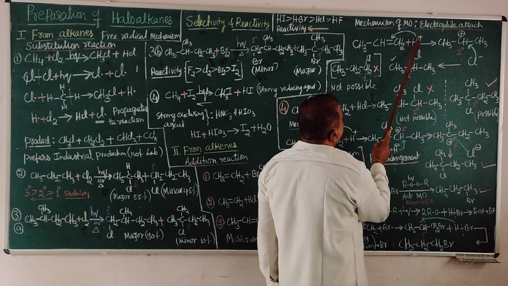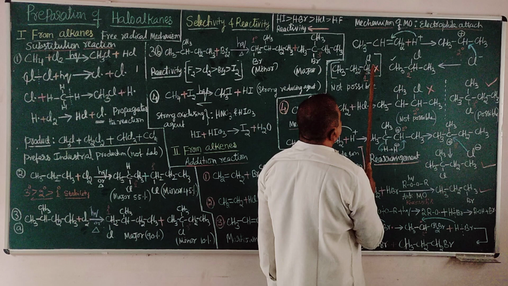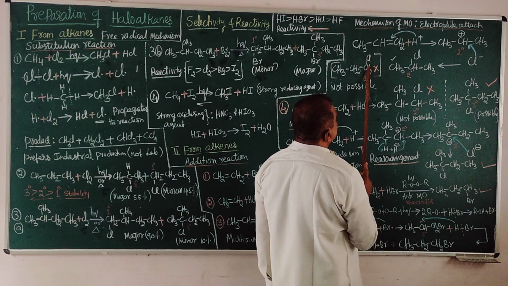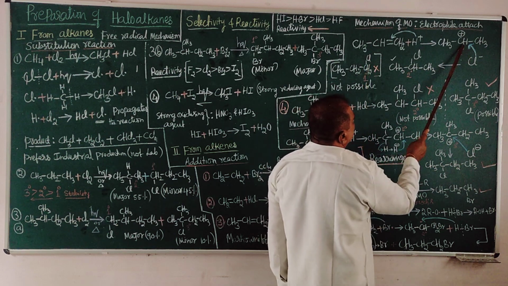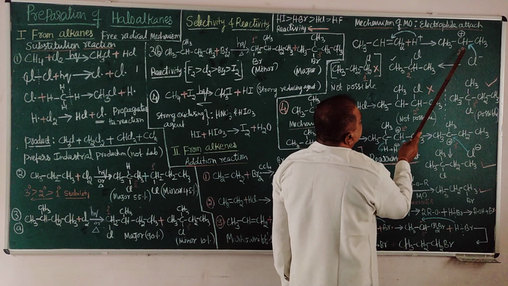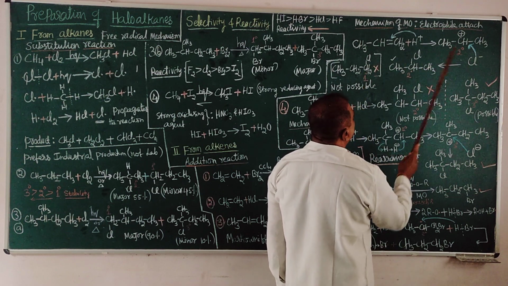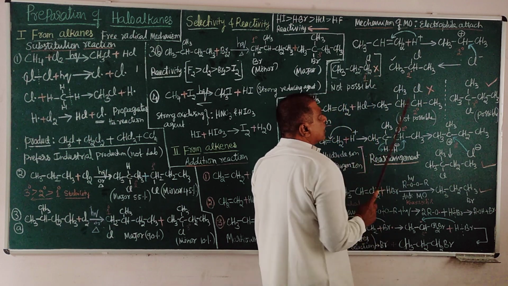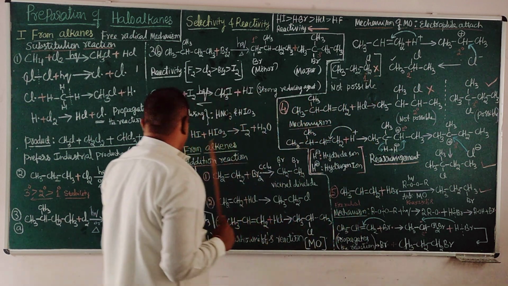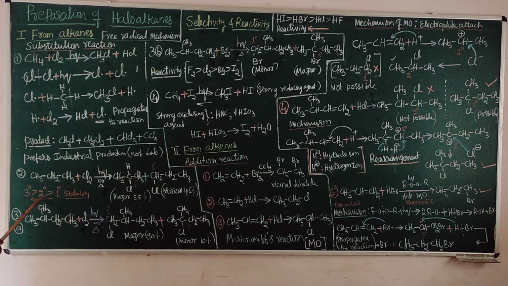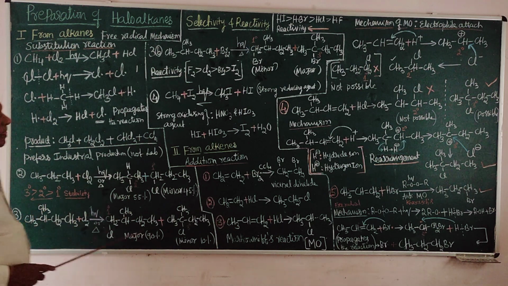If the hydrogen bonds with this carbon, we get this result with the plus on the other carbon. Look at these compounds. This one is secondary, and this one is primary. As you know, this is the selectivity: the secondary carbocation is more stable than the primary one.